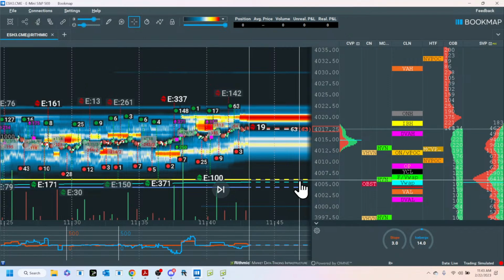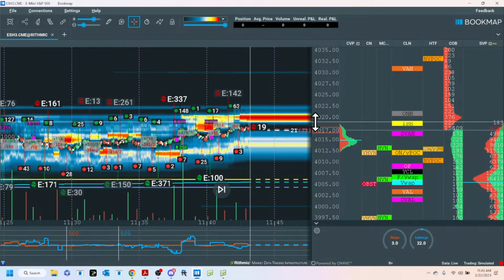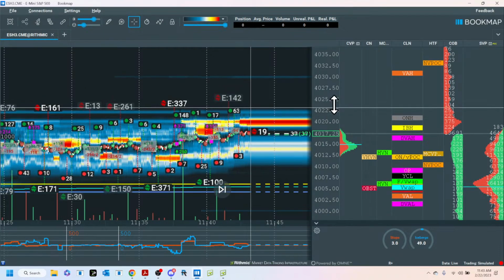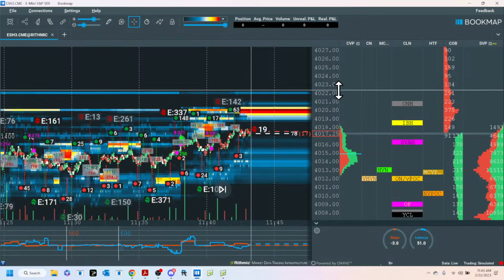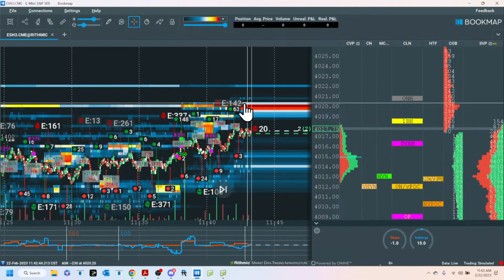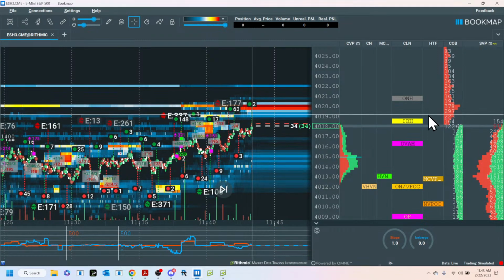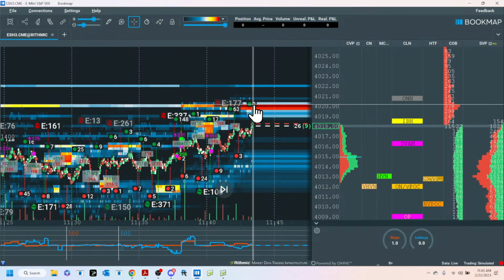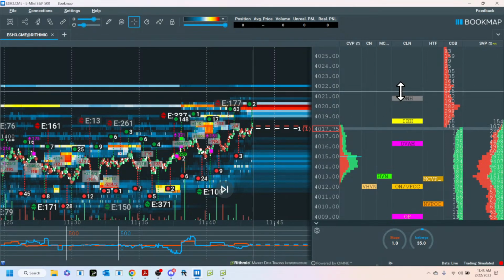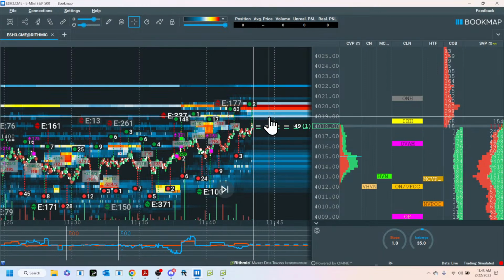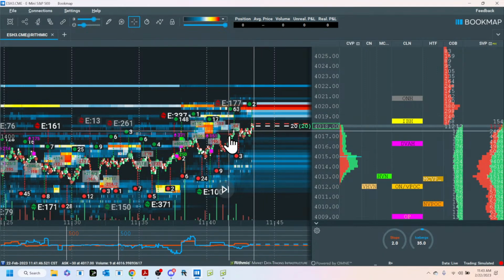Any questions on this? You can see the liquidity coming in up here. Let's look at what it is. Right at 20, we have 375 contracts. They're probably going to trade out. It's right ahead of the overnight high. Now there's another couple things here.